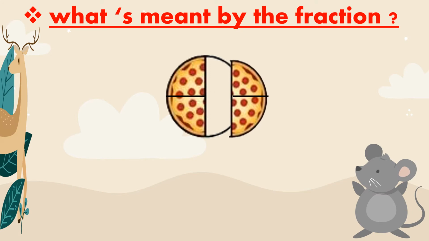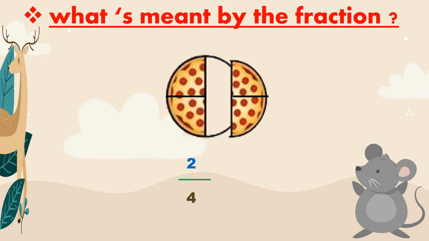If I have a whole pizza, and I divide it into 4 parts equally, and I take away 2 of them, how can I write this in the fraction? I will write 2 over 4. 2 means the two parts that I take away, and 4 means the total parts.